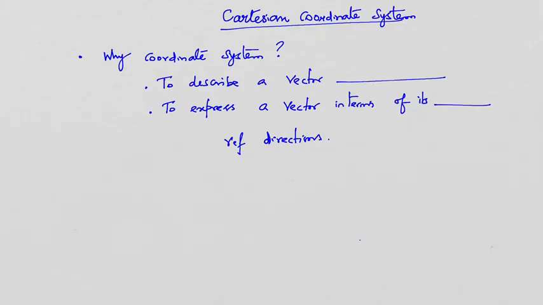There are various coordinate systems available in the subjects, out of which we are going to consider only three important coordinate systems. The first one is the Cartesian coordinate system, and it is also known as the rectangular coordinate system.